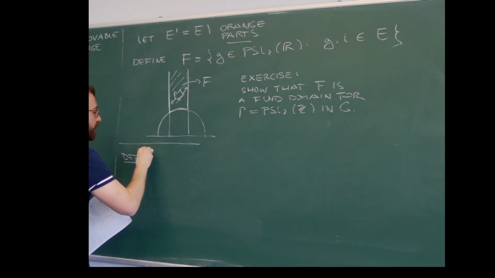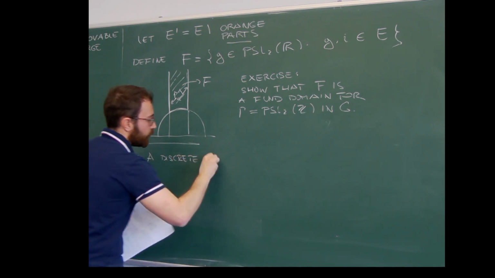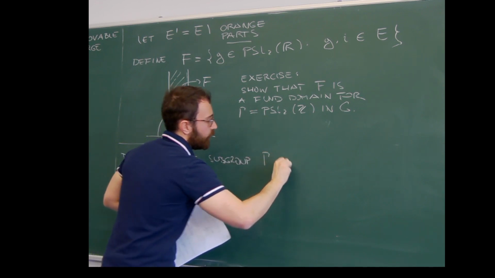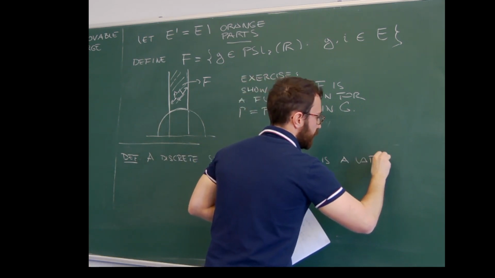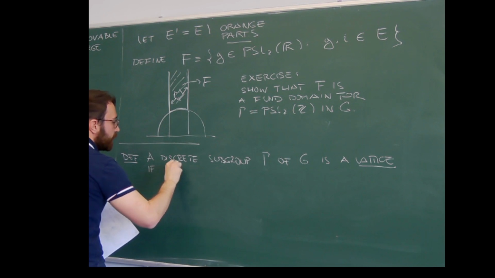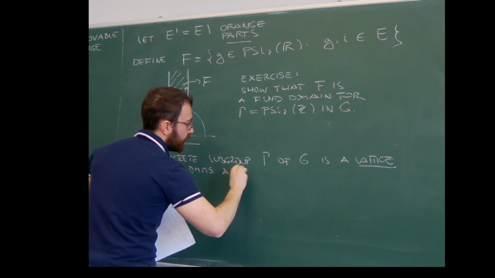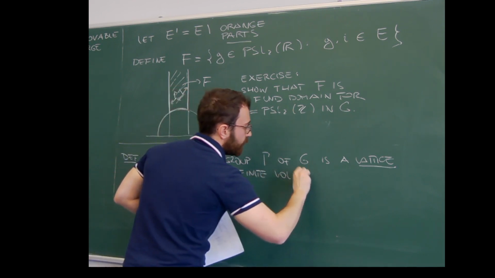So definition: a discrete subgroup gamma of G is called a lattice if it admits a finite volume fundamental domain.